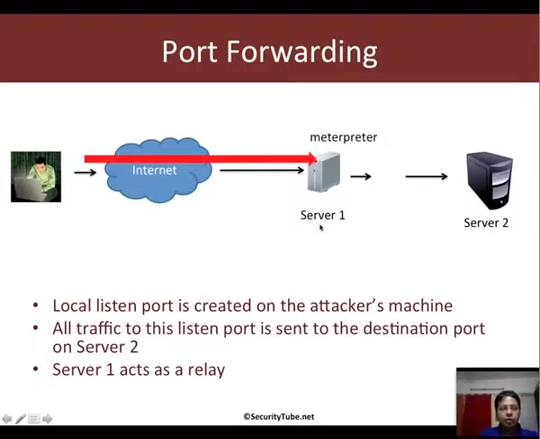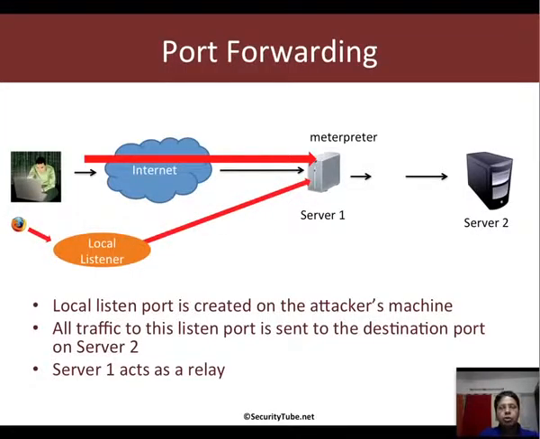The way port forwarding would work is first the attacker would break into server 1 and get Metasploit shell access. Then he would set up a local listener on his computer, which would talk to the Metasploit session running on server 1, and this Metasploit session would forward the port to server 2 as requested by this local listener.